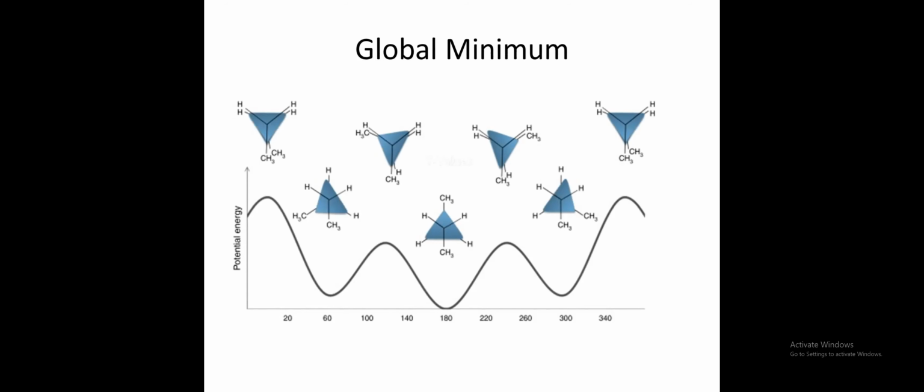So one of the major things that came about was ways that we could get around this, finding these local minima and beginning to find the global minima. And there are a number of ways of accomplishing this.